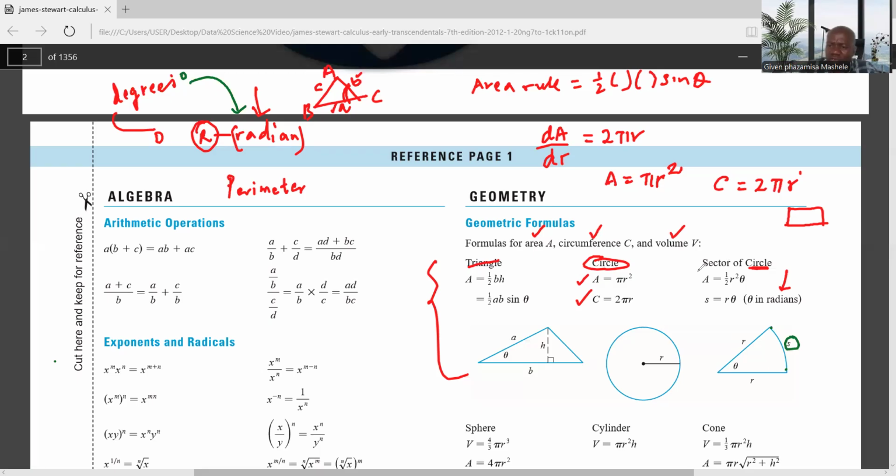Actually, if you take this area, half times r squared times theta, and differentiate with respect to r, the 2 will come down and it will become r theta. So this is what you need to know.